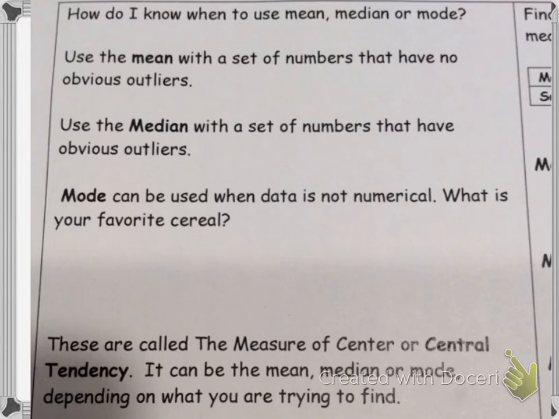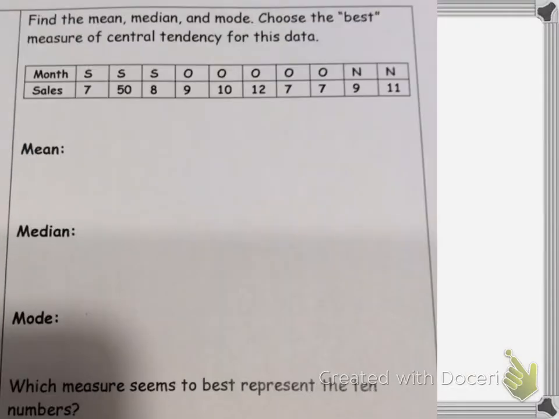Okay. These three measures are called measures of central tendency or measures of center. It can be the mean, the median, or the mode depending on what you're trying to find. So, it says find the mean, median, and mode, and then choose the best measure of central tendency for this data.